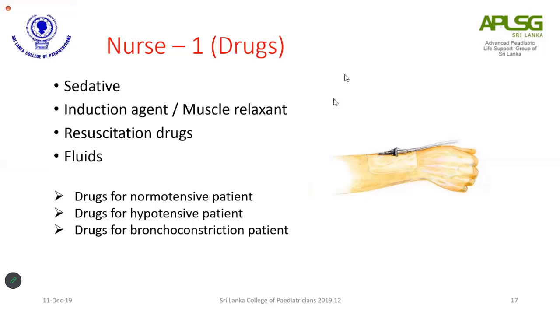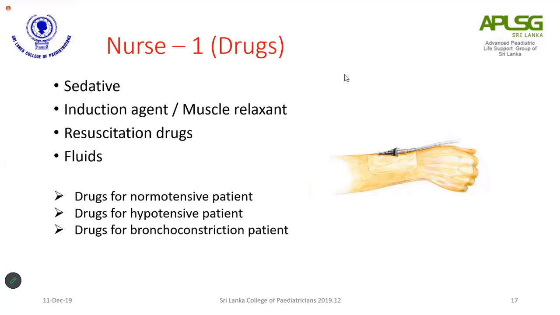The nurse who is in charge of drugs should make sure that all the drugs are drawn according to the body weight and the age of the child. There are various drugs used prior to intubation, and it depends on each unit and the consultant as well. The usual drugs we use are a sedative, an induction agent, and a muscle relaxant.